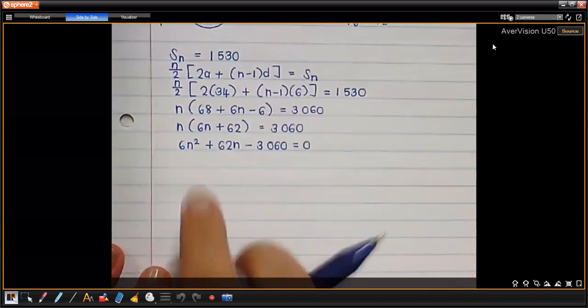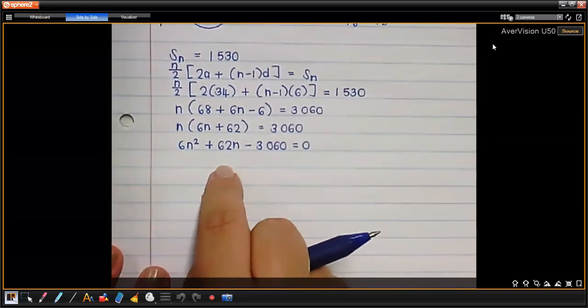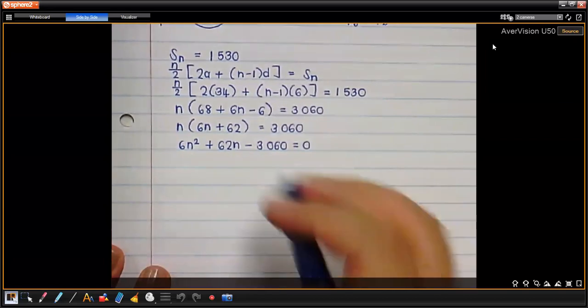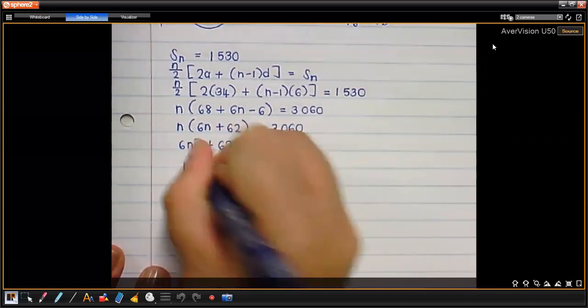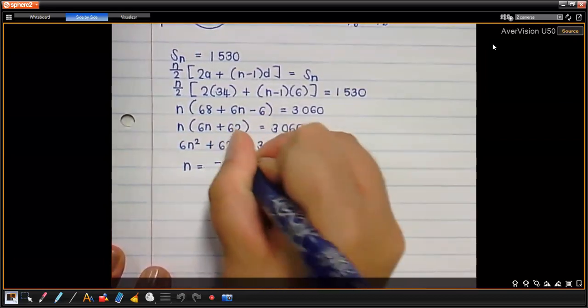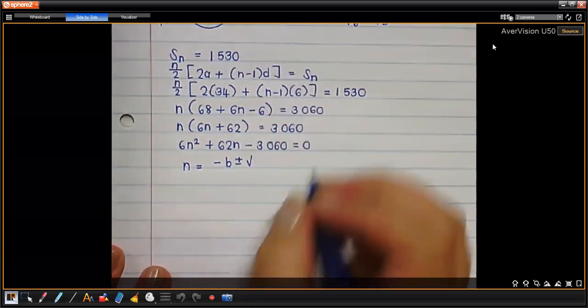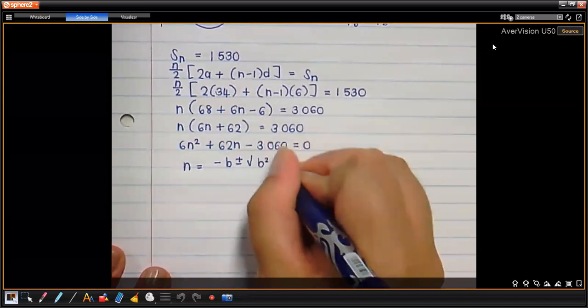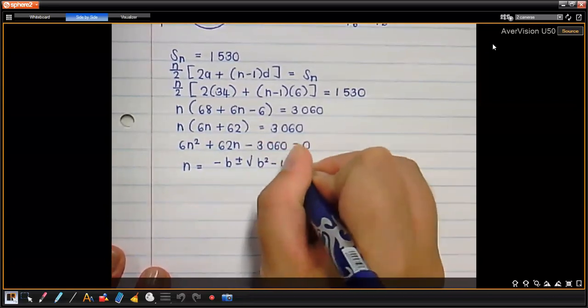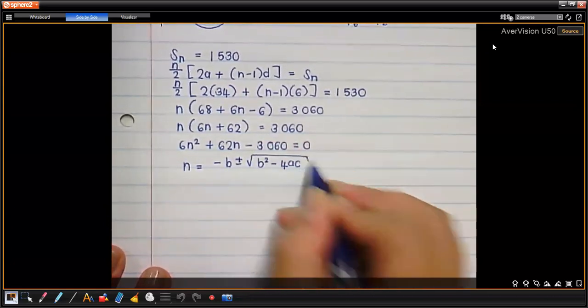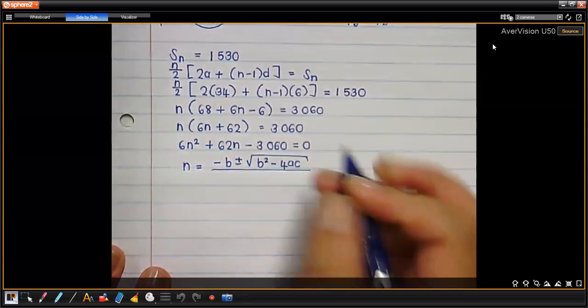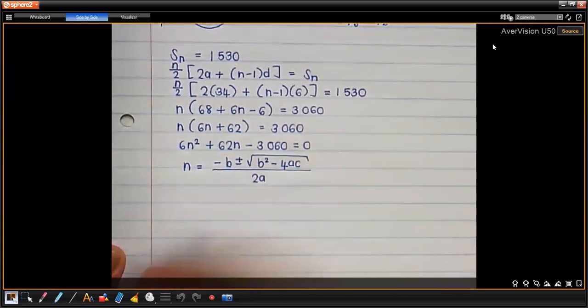Okay. Right now, I'm going to write n equals, please. Let's just rewrite the quadratic formula. We haven't used it yet this year. Minus b plus or minus the square root of b squared minus 4ac over 2a.